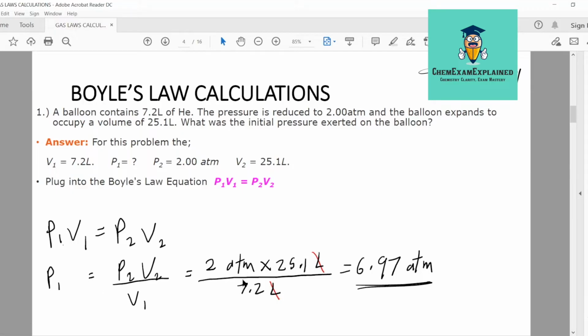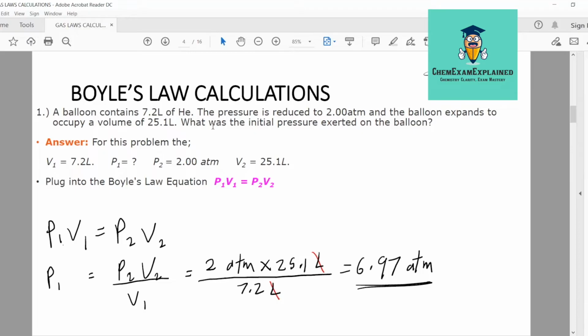So our pressure in this case for P2 is 2 atmospheres. For the volume, V2 is 25.1 liters and V1 is 7.2. Plug in those values and cancel out the units. You end up with 6.97 atmosphere.